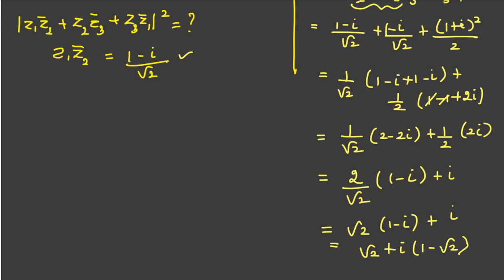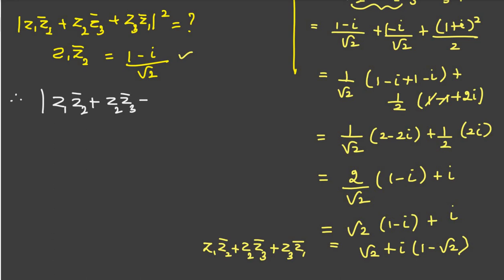Now this is the value for only Z1 Z2 bar plus Z2 Z3 bar plus Z3 Z1 bar. Now taking the modulus, the modulus of Z1 Z2 bar plus Z2 Z3 bar plus Z3 Z1 bar, the whole square, will be equal to modulus of root 2, the whole squared, which is 2, plus 1 minus root 2 the whole squared, which gives me 1 plus 2 minus 2 root 2, which is equal to 5 minus 2 root 2.